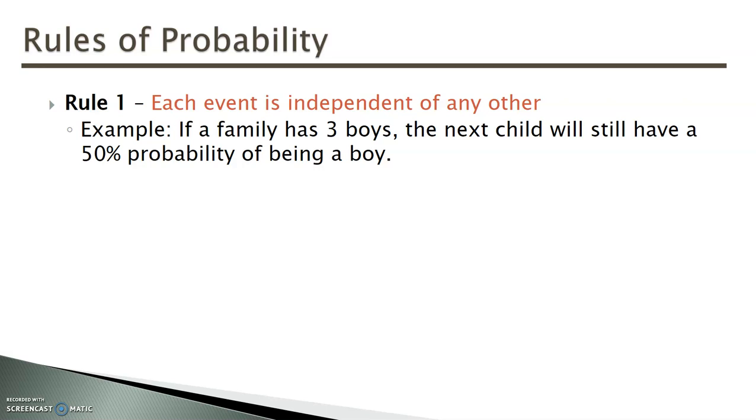If a family has 3 boys and mom is pregnant again, what's the chance of that 4th kid also being a boy? The reality is that baby is independent of all of the rest of the children, which means it's still a 50-50 chance of being a boy versus a girl.